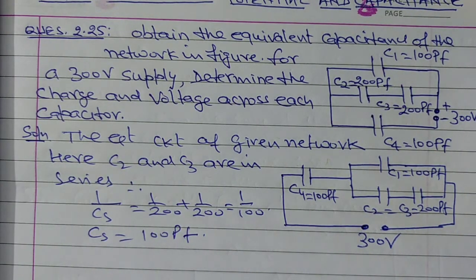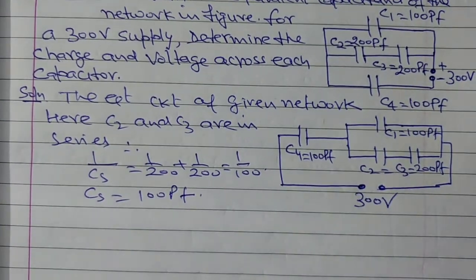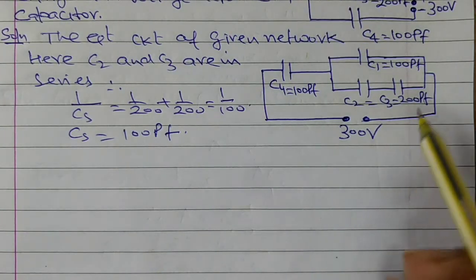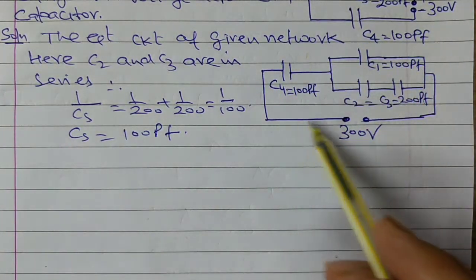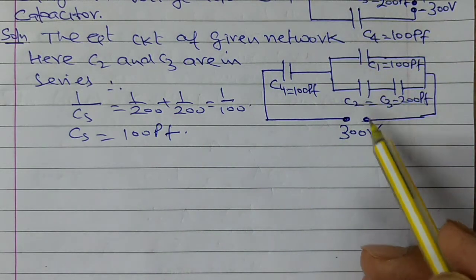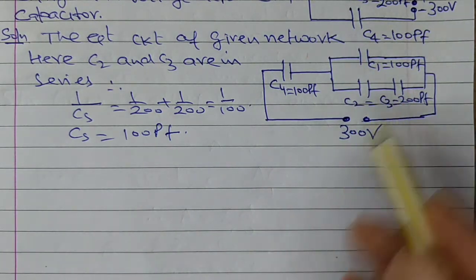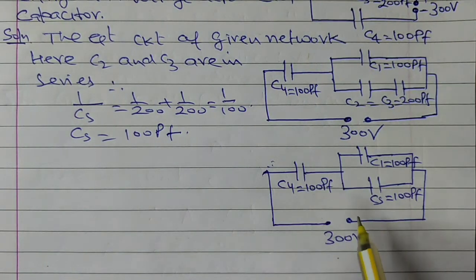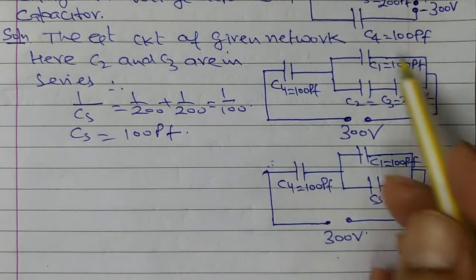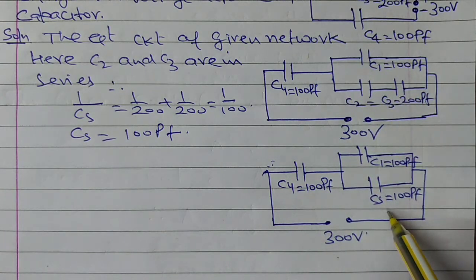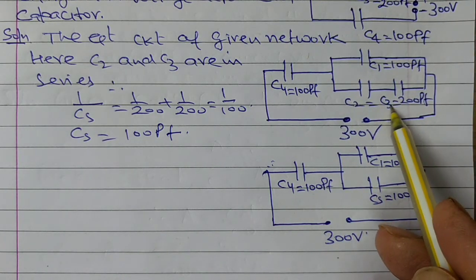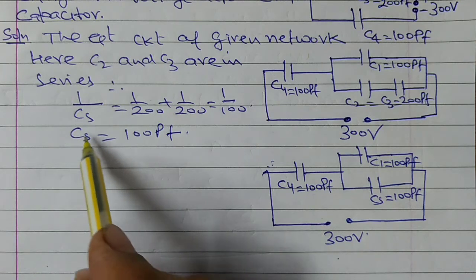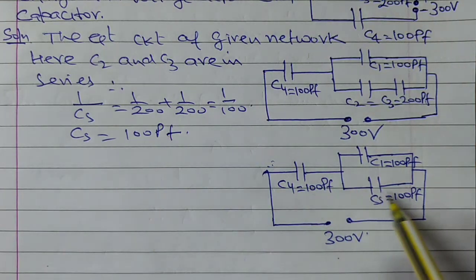Now, again equivalent circuit of this circuit. Here C2 and C3 are in series. Therefore, their equivalent capacitance Cs is 100 picofarad, and this 100 picofarad is here.